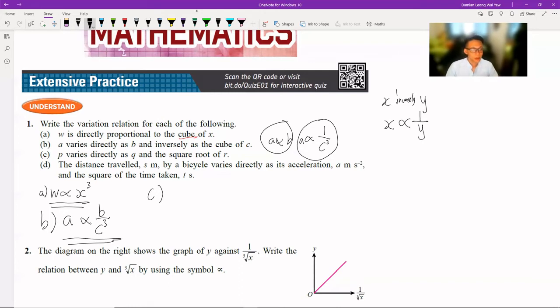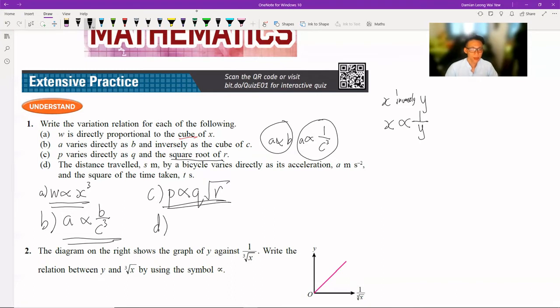For part C, P varies directly as Q and the square root of R. Both directly means both on top, so nothing at the bottom of the fraction, so we don't need to put a fraction. Just put P varies directly as Q and the square root of R. So I have to square root the R. That's part C.